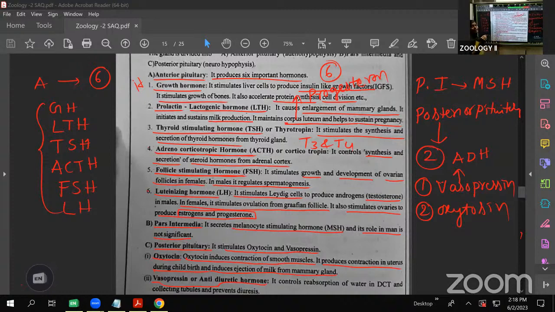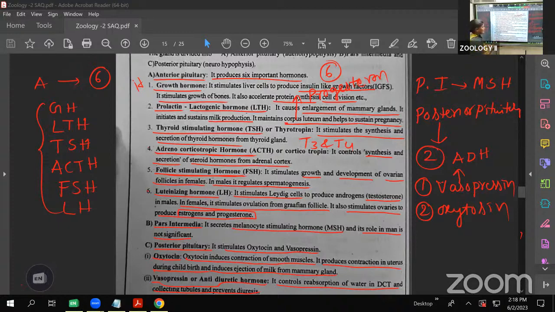I'll explain diabetes insipidus after explaining this. Vasopressin controls the reabsorption of water in the DCT and the collecting tubule, and prevents diuresis. Diuresis means excess water is eliminated; excess urination is stopped by this hormone only.